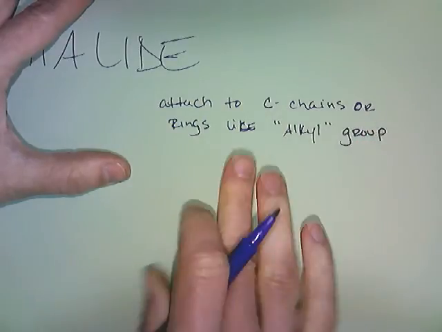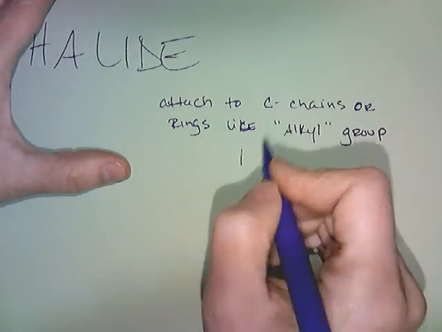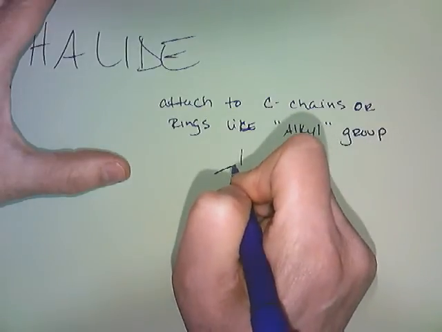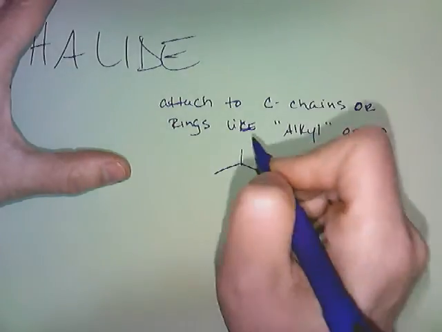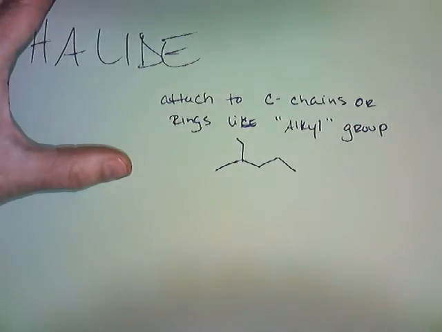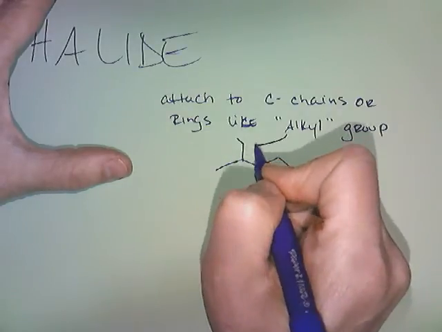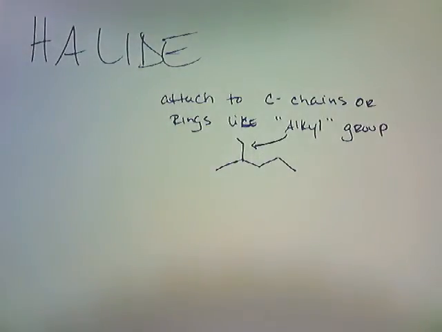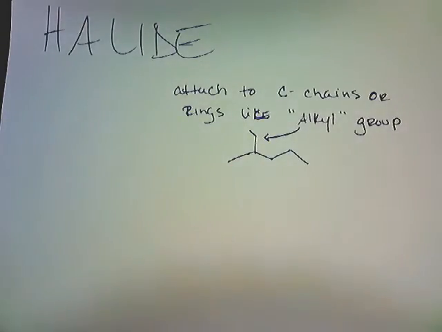So if we have a chain, this could be methyl, that could be ethyl, but this would be the alkyl group. But in this case, the H is replaced by a halogen.